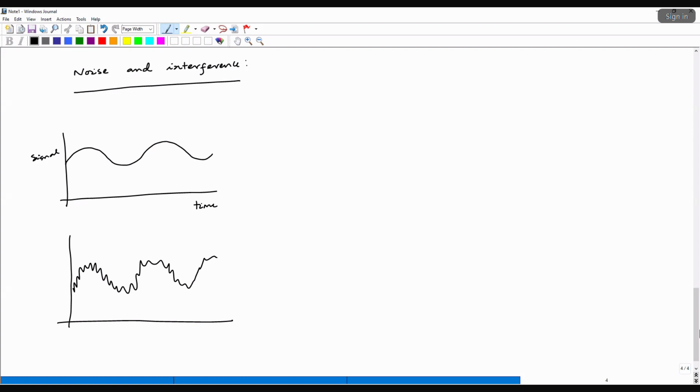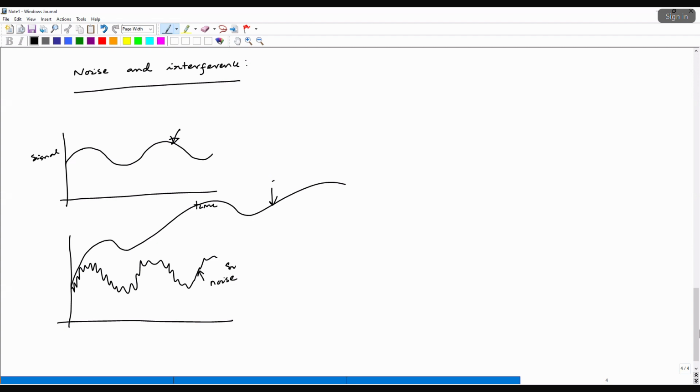If I have this sinusoidal signal, but it is superimposed with another sinusoidal at a very different frequency along the signal path, I may have something like this.